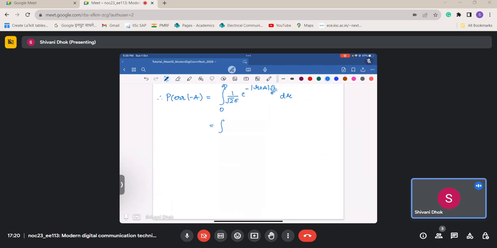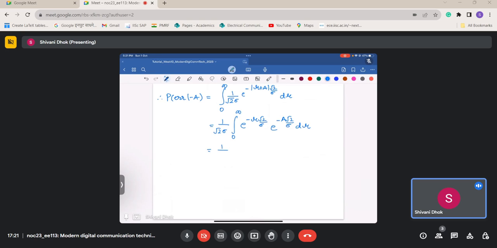Then this is equal to 1 upon root 2 sigma, integral 0 to infinity, e to the power minus r root 2 by sigma, into e to the power minus A root 2 by sigma, dr. This particular quantity is a constant, I can take it outside.